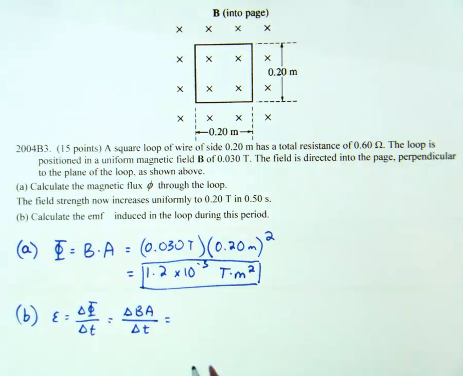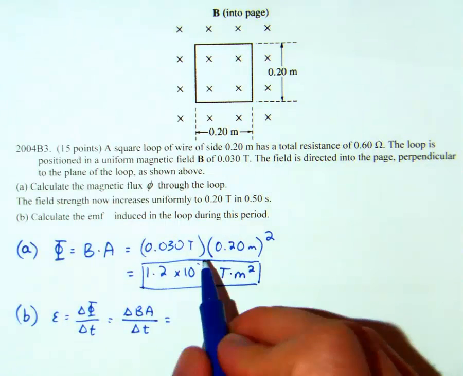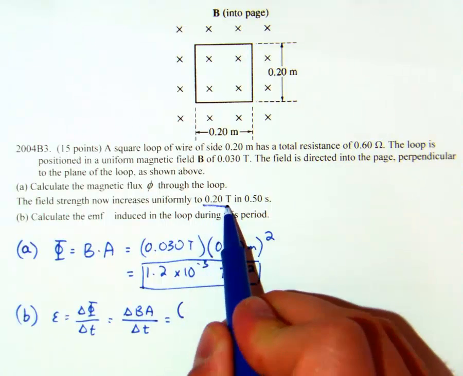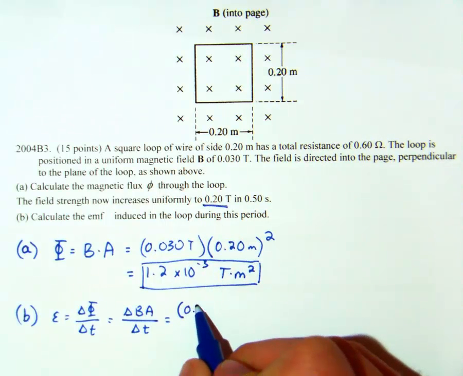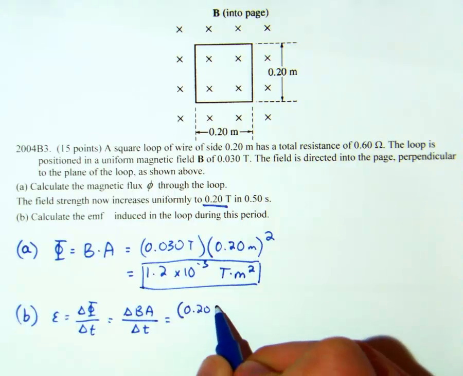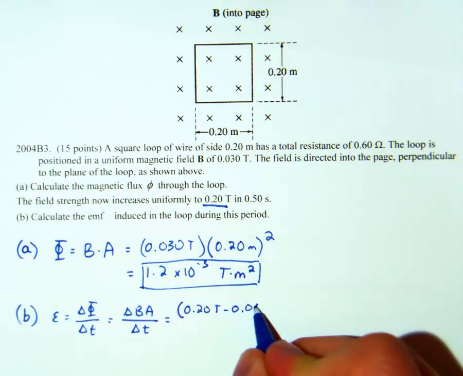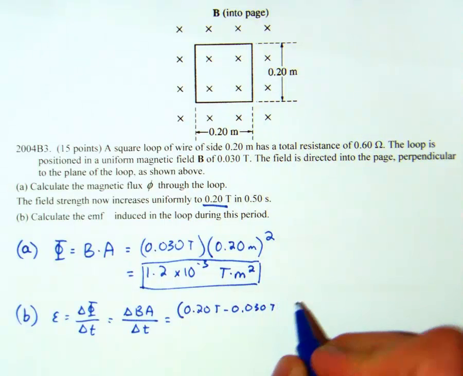Pretty simple again. My change in flux goes from 0.03 teslas initially to 0.2 teslas at the end.